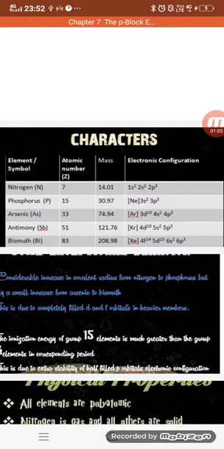Also in the penultimate shell, that means in the s orbital, there are 2 electrons. In the valence shell itself, the total number of valence electrons is equal to 5, but unpaired electrons are 3 in p orbital.